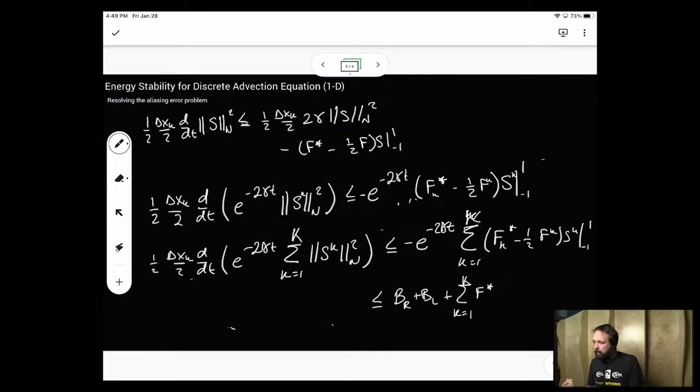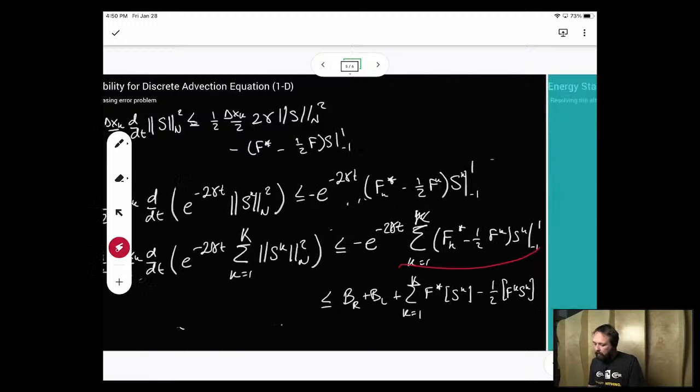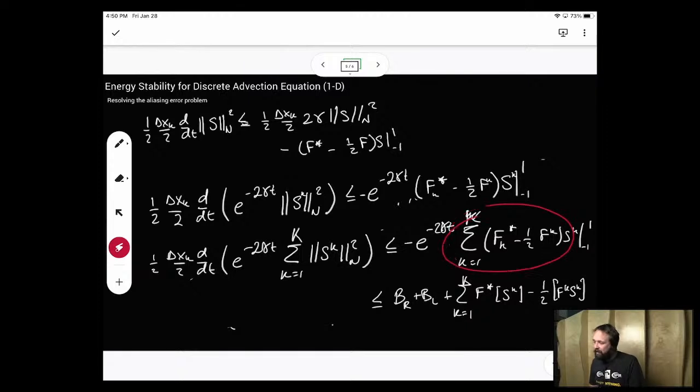What you have is F star, the Riemann flux, multiplied by the jump in the solution across an element interface, minus 1/2 times the jump in f_k s_k. That's what this ends up working out to. So if I break apart this summation here into, again, the physical boundary conditions, that gives me these guys here, which again were the same ones from before.